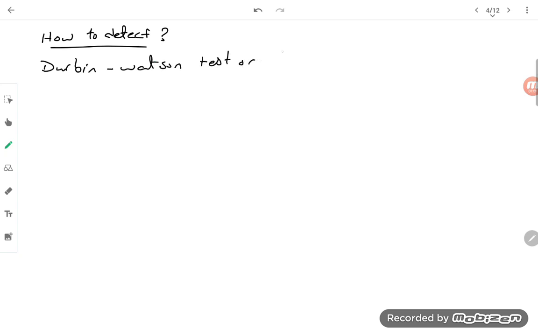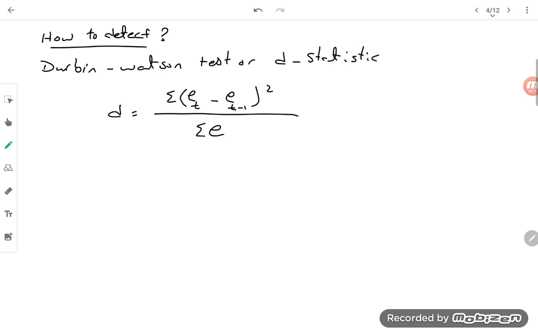How to detect the problem of autocorrelation? The most common test used in detection of autocorrelation is the Durbin-Watson test, or known as the d statistic. d is calculated as summation et minus et minus 1 all squared divided by summation et squared.